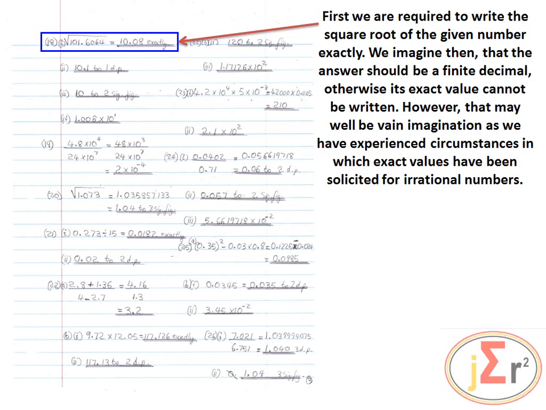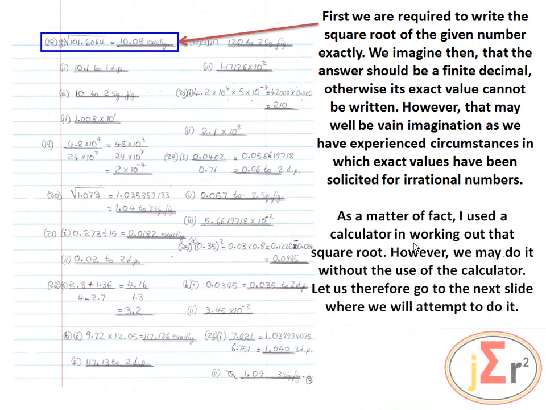Therefore, although we are using the cue that we need to write the answer for this one exactly, we are using that fact to come to the conclusion that we should be able to write it as a finite decimal. That is what we are doing. It is not necessarily the case that we will always be able to do this every time a problem says that we should write the answer exactly.